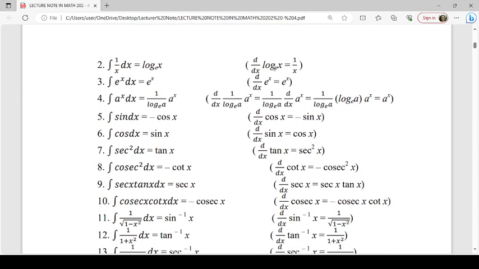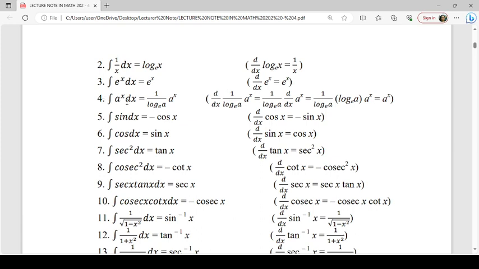Then integration of 1 by x dx is log x. This comes from d/dx of log x being 1 by x. Integration of e to the power x is e to the power x, because d/dx of e to the power x is e to the power x.